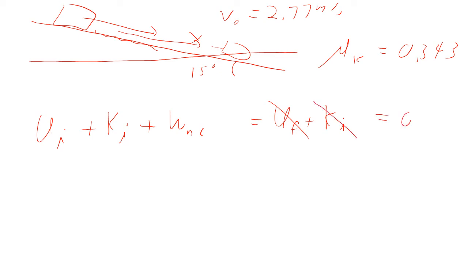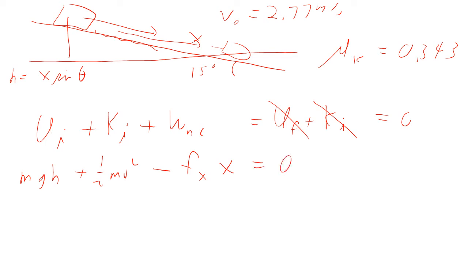But initial potential energy is not zero, because now it's going to be at some height h. h is obviously going to be x sine theta. So we're going to have mgh plus 1/2 mv squared minus the force of friction times the distance, and that's going to equal 0.